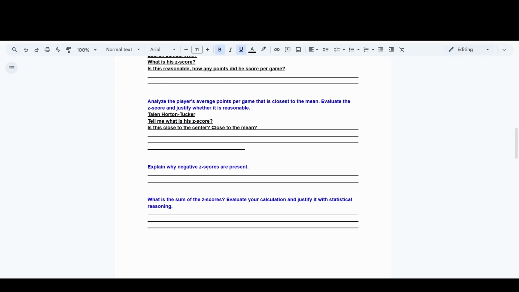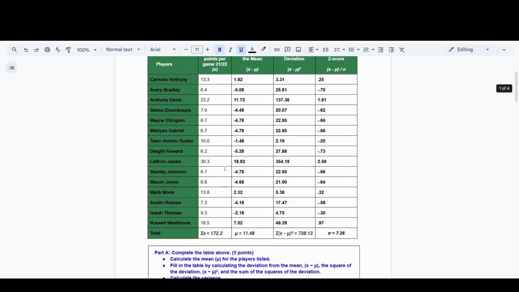Explain why negative z-scores are present. So negative z-scores mean that players scored below the mean, or they scored below average, right? So if the average, the closest to the mean, was about 10 points, and this guy only scored 6.7 points, he's going to have a negative z-score.